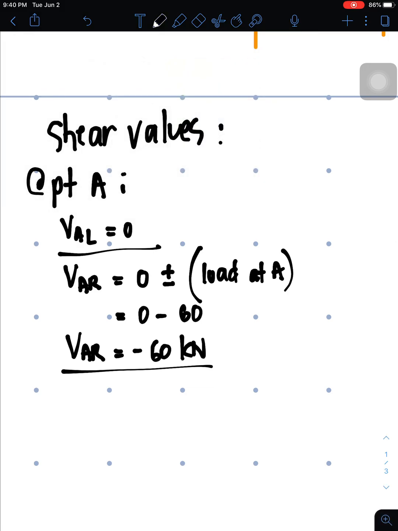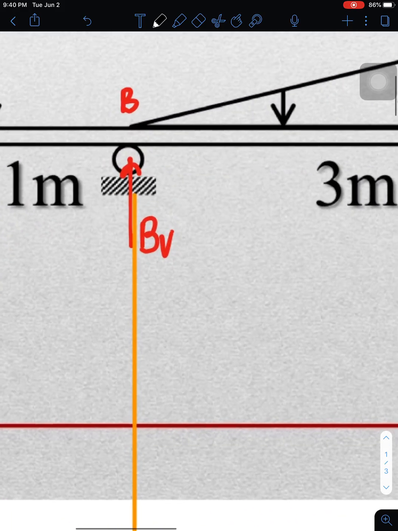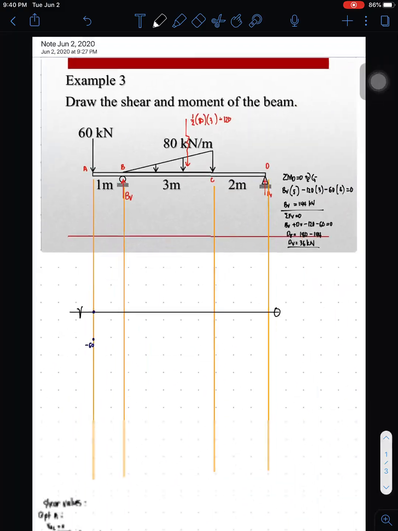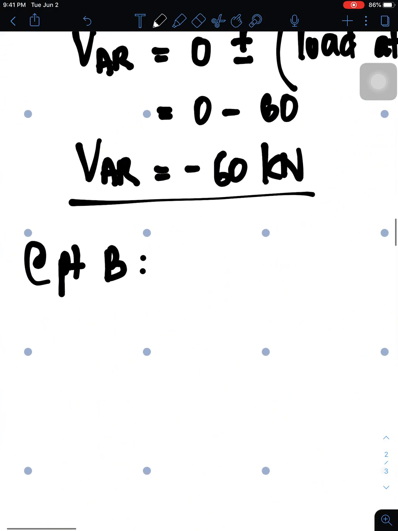So let us examine at point B to evaluate if there is a concentrated load. Yes, there is, due to the support reaction. So there would be two values. I'm sorry for the background noise.